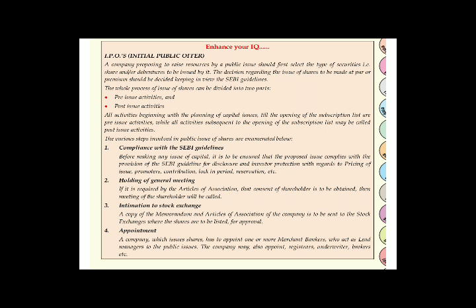So first we will start with the initial public offering. Initial public offer refers to when a company proposing to raise its resources by a public issue should first select the type of securities. So we know that initial public offering means the company decides to go and ask the public to invest in them. There are various instruments, in other words, they are called securities.